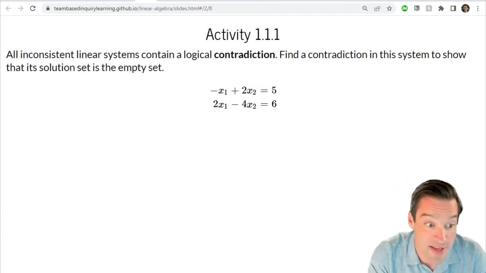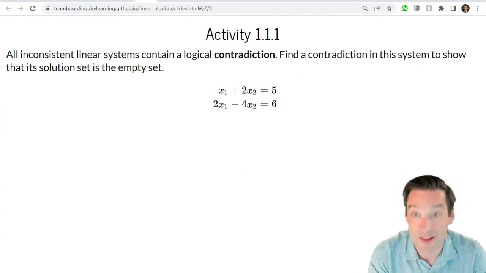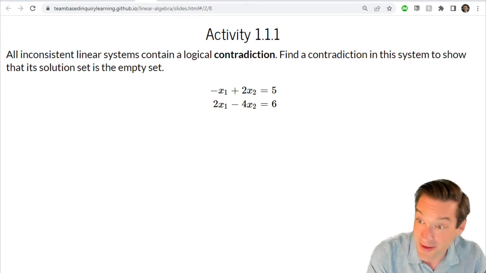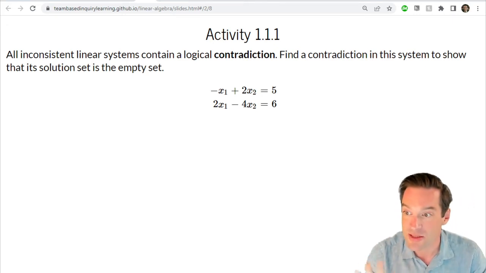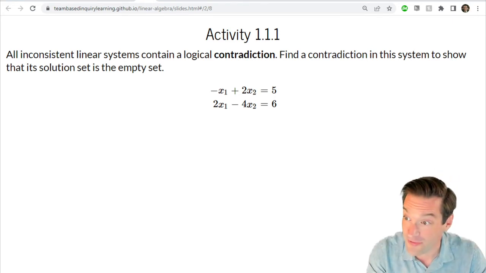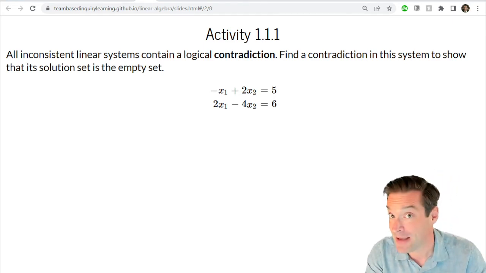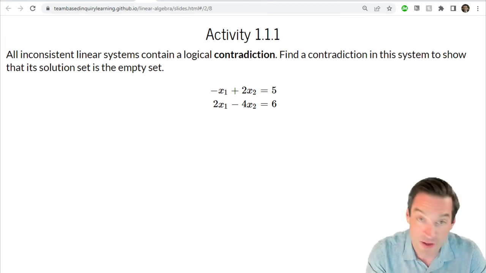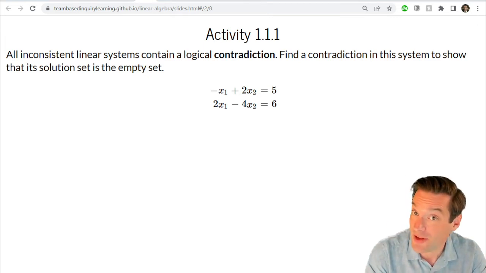So here's the first activity that is going to feel an awful lot like the last question on the readiness check, I think. Every inconsistent linear system is discovered, we discover that inconsistency, by finding a logical contradiction, a statement which we have collectively agreed not to accept as true.